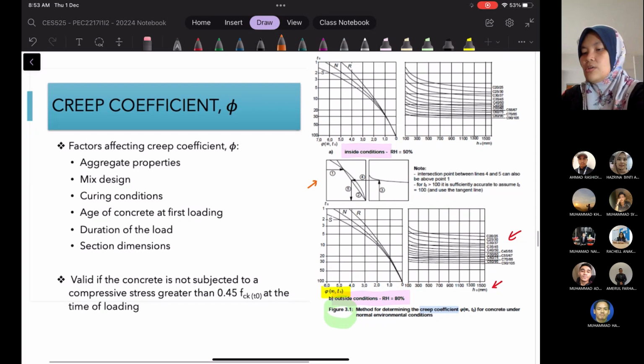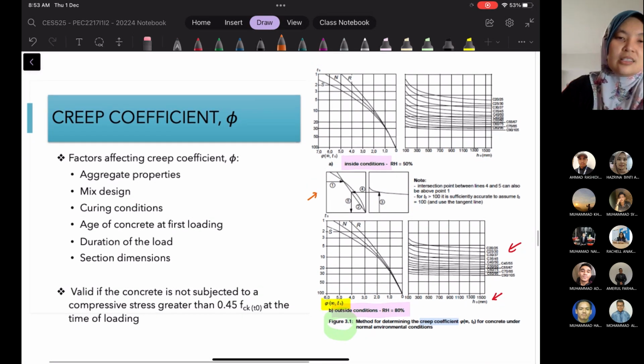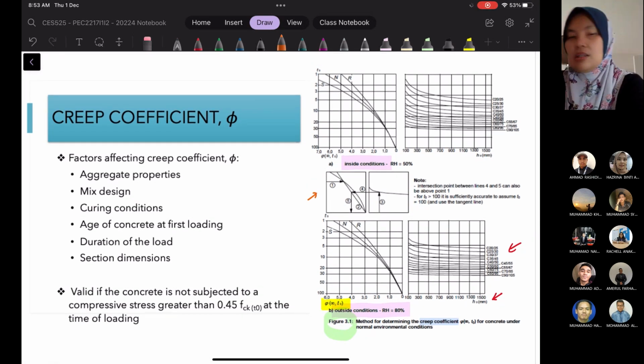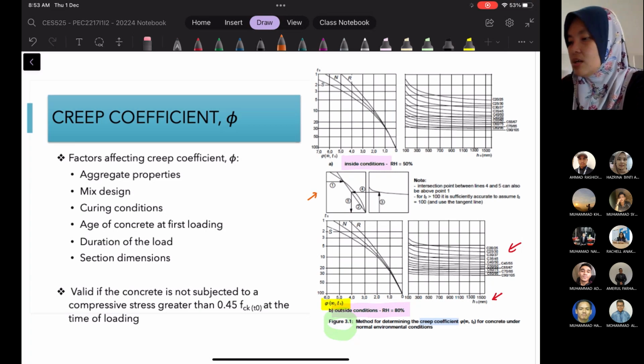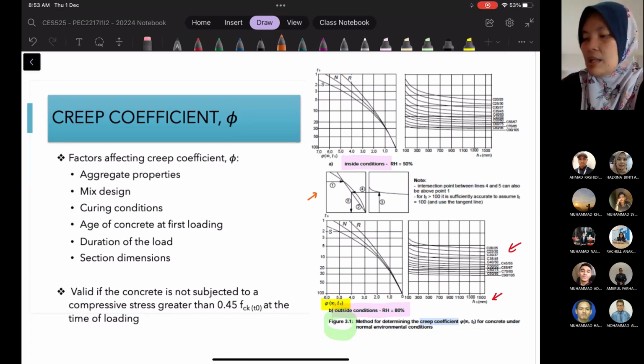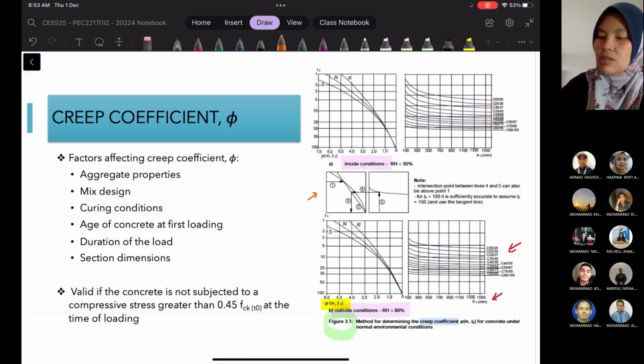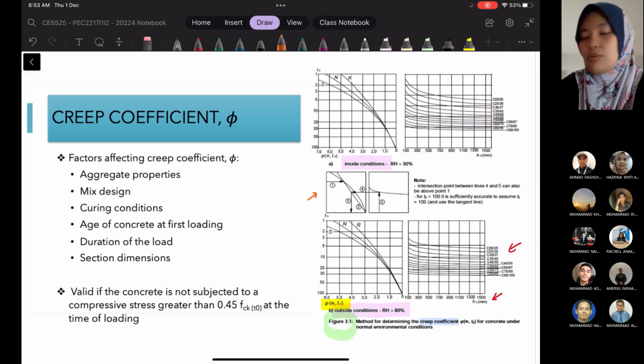If anyone is interested in knowing how to determine it, you can come to me, and I will show you how to get the value in accordance with this figure. But for the moment, at your stage, I think for the mini project you have to determine it. But for the test, the creep coefficient will be given to you.